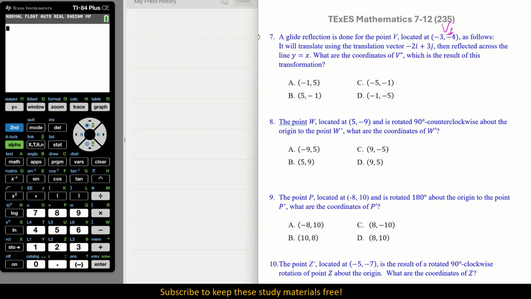It will translate using the translation vector, which I'm going to call V2. Then it is reflected across the line Y equals X, that's the identity line. What are the coordinates of V double prime, which is the result of this transformation?